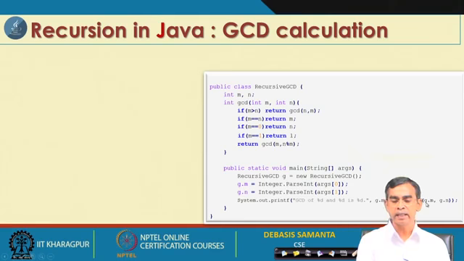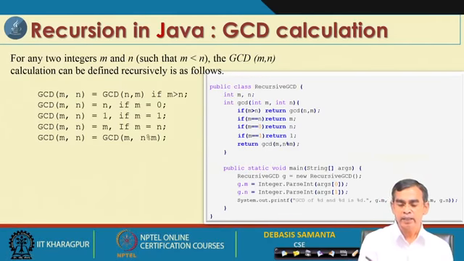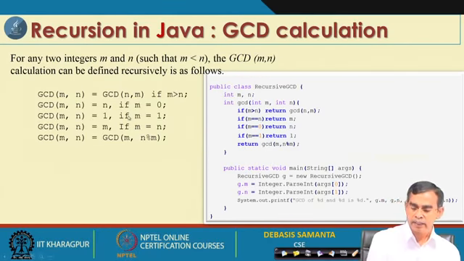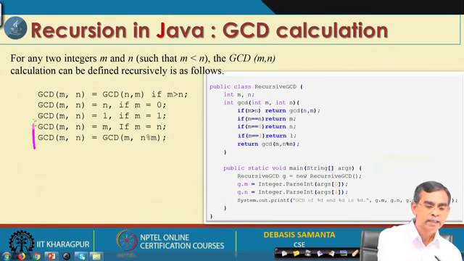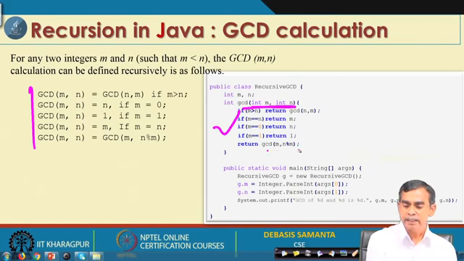So, this is the recursive version of the GCD calculation method. The definition that we have discussed here is implemented here, and then the recursive version is that the GCD is the GCD of this one.